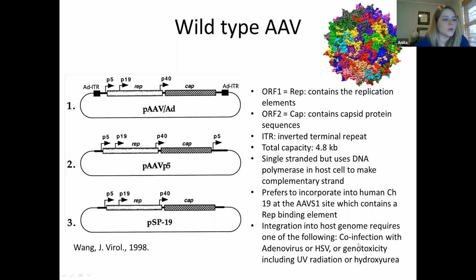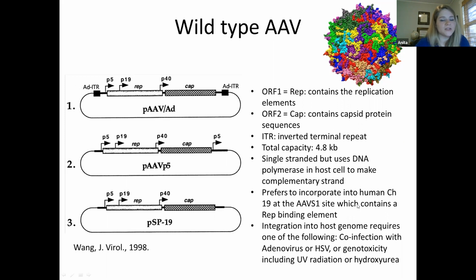The integration requires co-infection with adenovirus, herpes simplex virus, or some sort of cellular stress or genotoxicity like UV radiation or hydroxyurea. And it actually binds in a particular site. This is part of why it was developed, but in fact, we don't use the integration for neuronal expression, but it does go into a particular site.